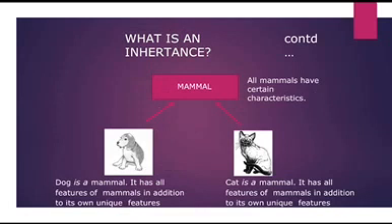When the base class is privately inherited by the derived class, public members of the base class become the private members of the derived class.